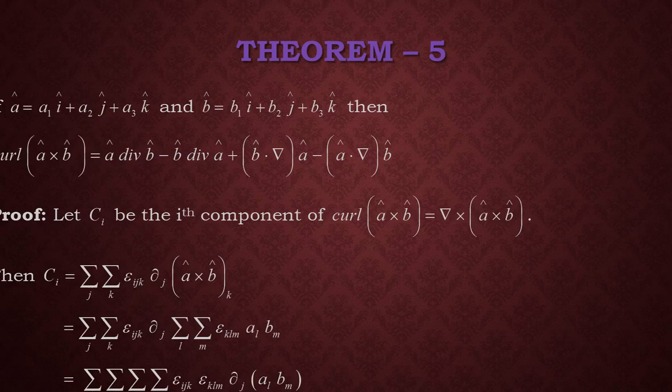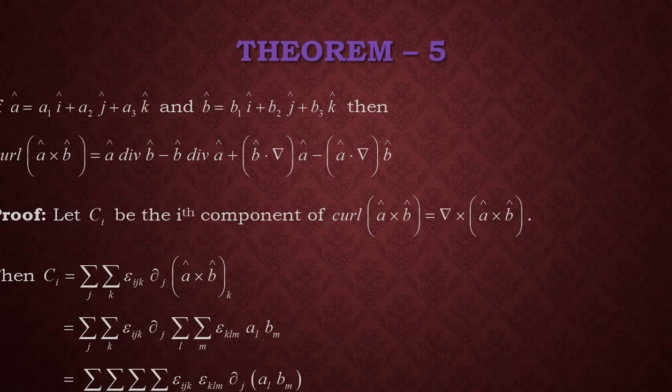If we want to represent the cross product of two vectors, we have to make use of the Levi-Civita symbolic representation. Even if we want to represent curl of a vector field, we have to make use of the same Levi-Civita symbolic representation. A cap cross b cap is a vector field. So, the curl of a cap cross b cap can be represented by using Levi-Civita.